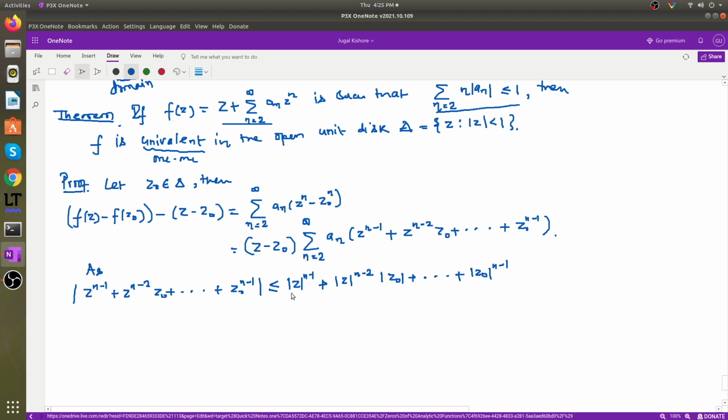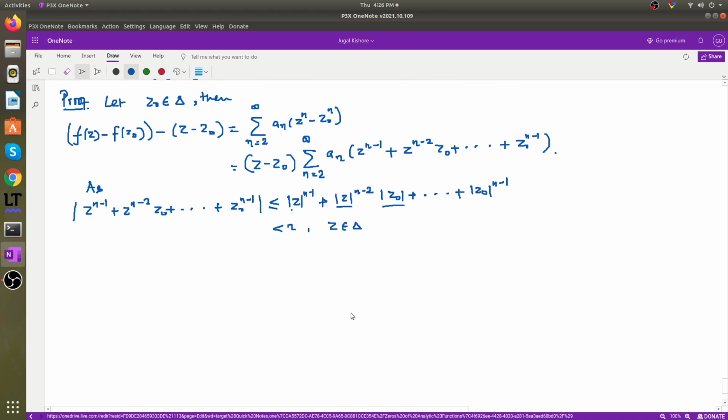Since both z and z naught lie inside the unit disk, |z| is less than 1 and |z naught| is less than 1, so each term is less than 1. So finally this is less than n, when z belongs to delta.